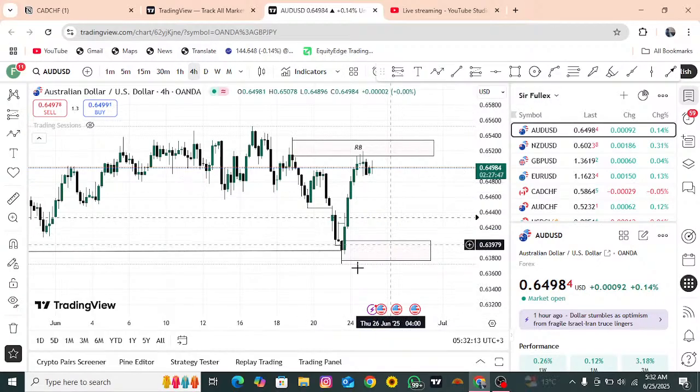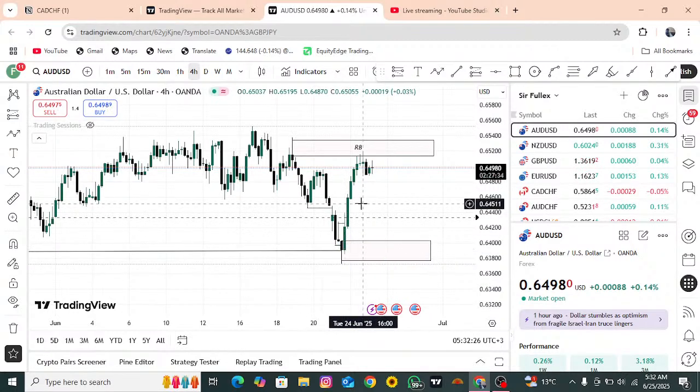Right? This is an order block, a demand zone. I know I say an order block is one that leads to a structure break, but this was just this push, so I just call it a demand zone. Then price is reacting over here. I don't know if I might be able to get some shorts.